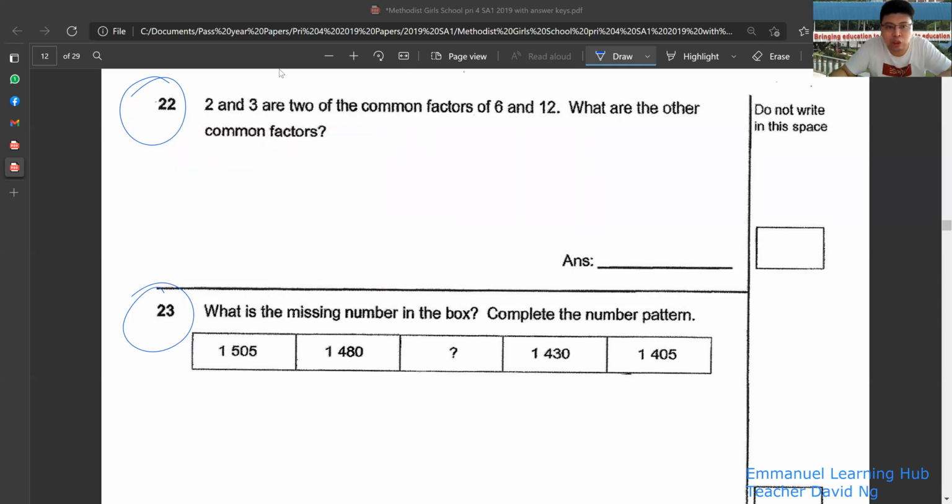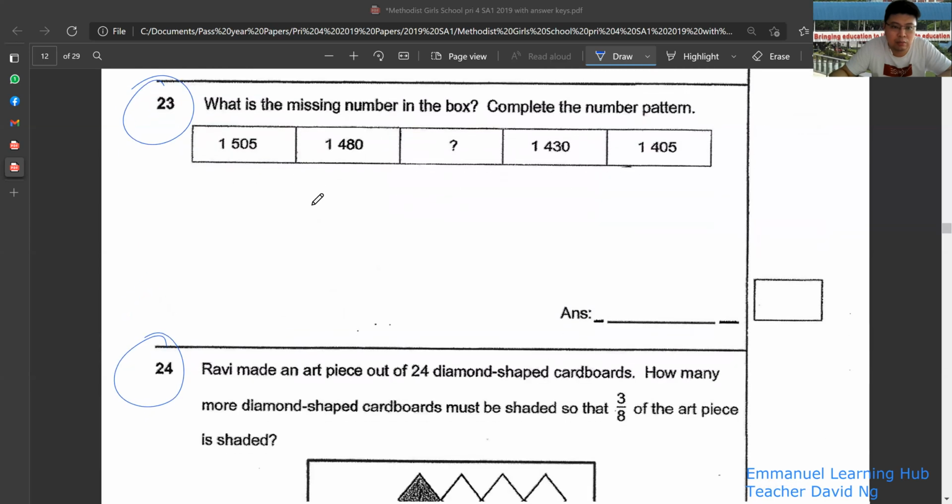Okay. Question 23. What is the missing number in the box? Okay, first you see this one. How did 1505 become 1480?